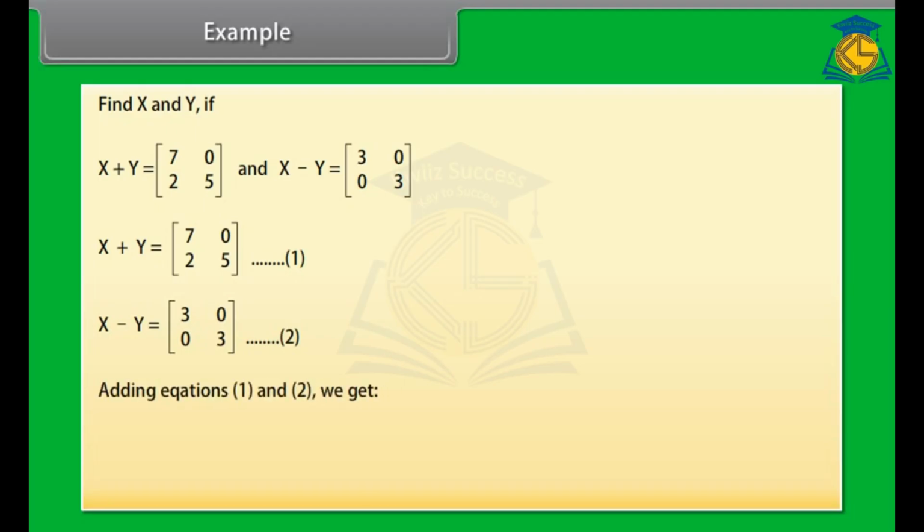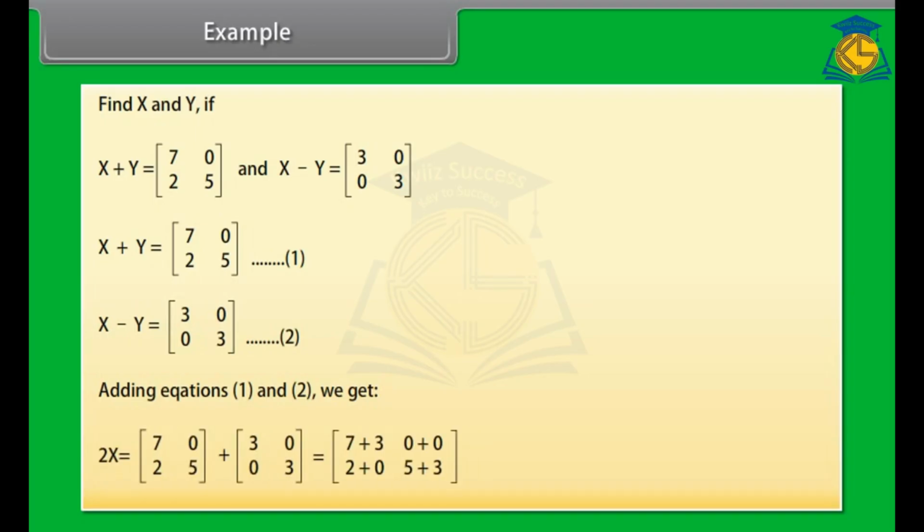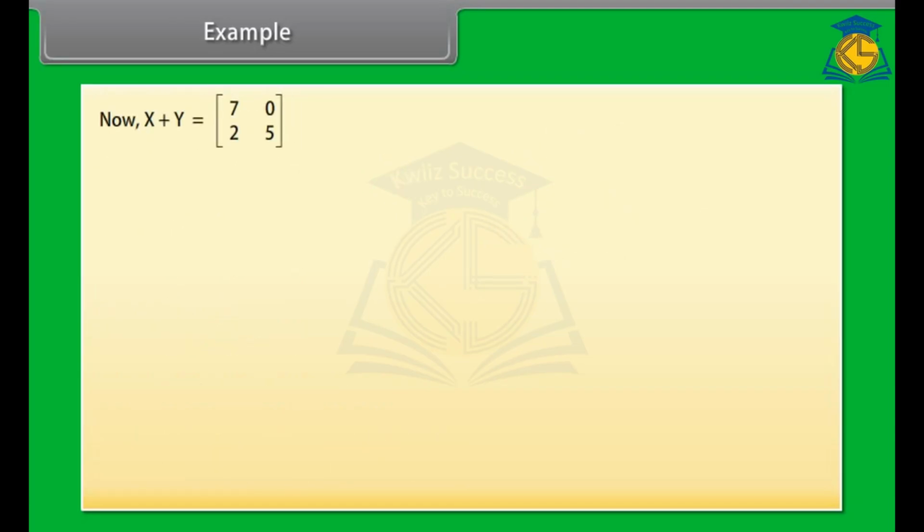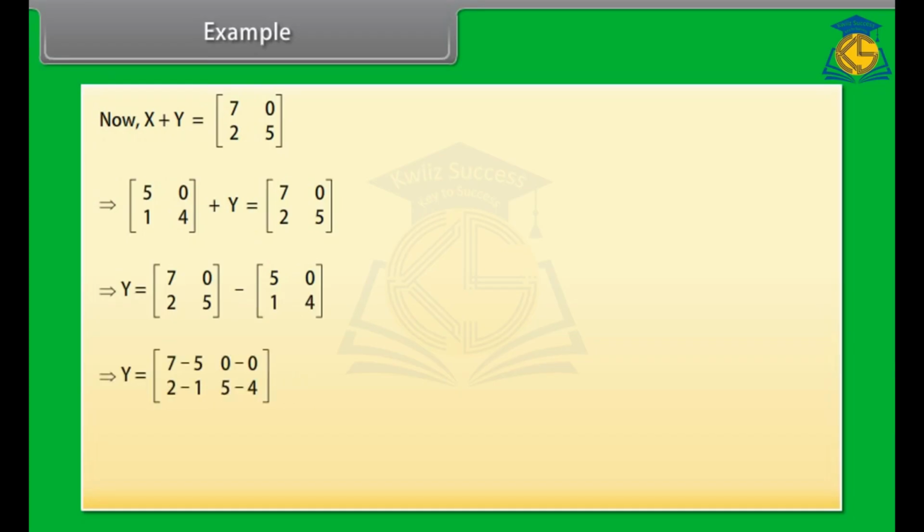Now add equations 1 and 2, we get 2X is equal to the matrix, row-wise, first row 10 0, second row 2 8. Therefore, X is equal to the matrix, row-wise, first row 5 0, second row 1 4. Now substituting the value of X in X plus Y and solving it, we get matrix Y is equal to row-wise first row 2 0, second row 1 1.